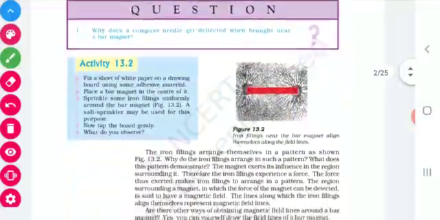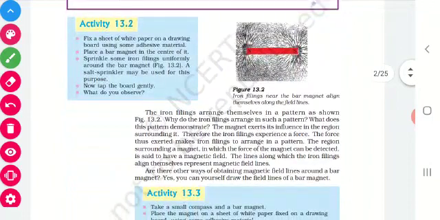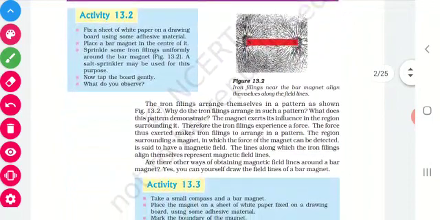Now, with the help of this activity, we are going to see what a magnetic field is.